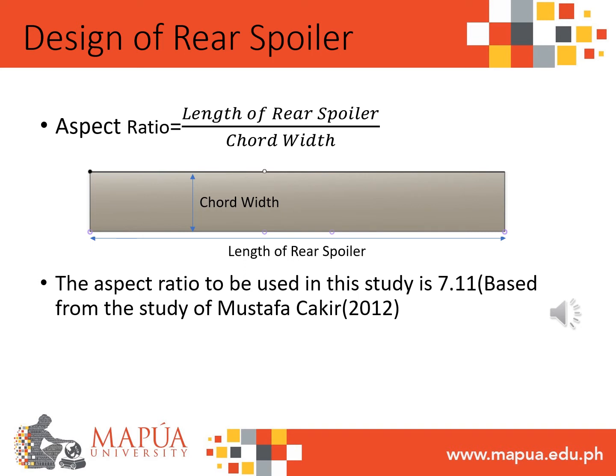The aspect ratio is equal to the length of the rear spoiler divided by its chord width. For this study, the aspect ratio to be used is 7.11, which is based on the study of Mustafa Kakir. The length of the rear spoiler will be equal to the rear track width of the car, which is 0.984 meter.